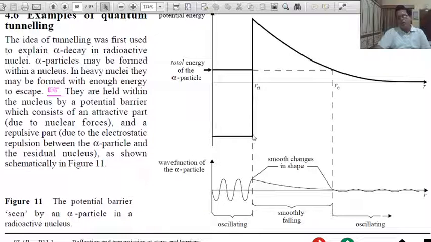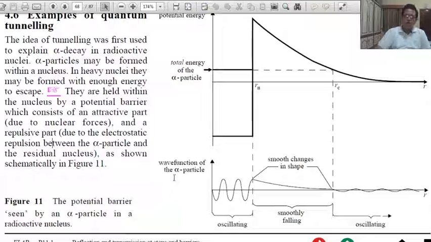So we see that at r equal to n this is the potential, and after that it is decreasing, and approximately at r equal to rc the incident particle energy is approximately equal to this part.